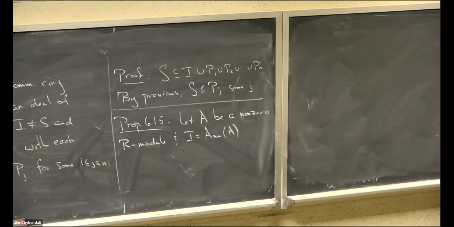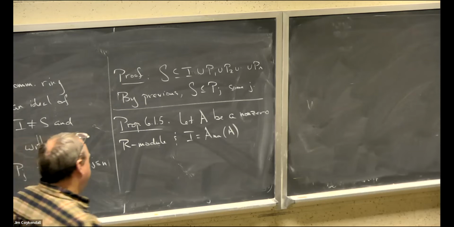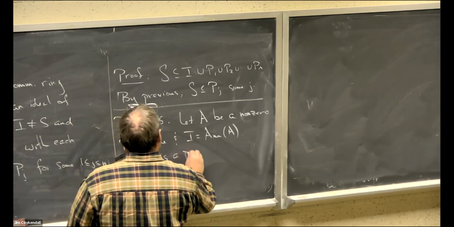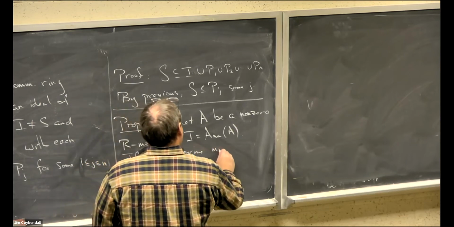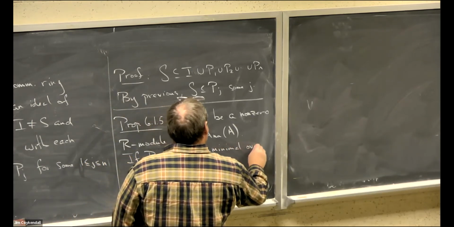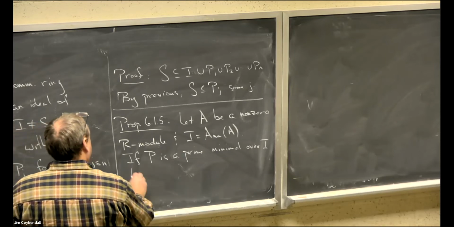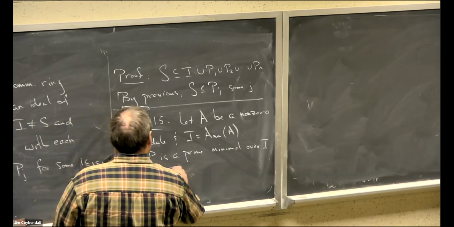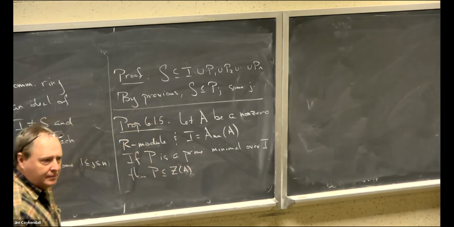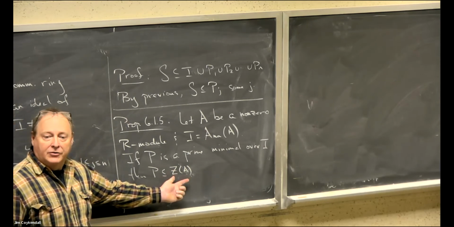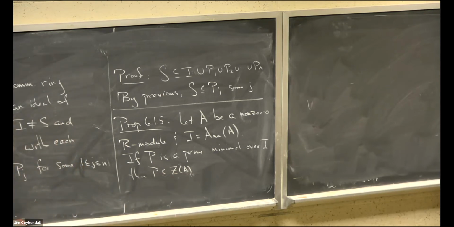If P is a prime ideal that's minimal over I, then P is contained in the zero divisor set on A. And remember what this is. This is the collection of things that kill some non-zero element of A.